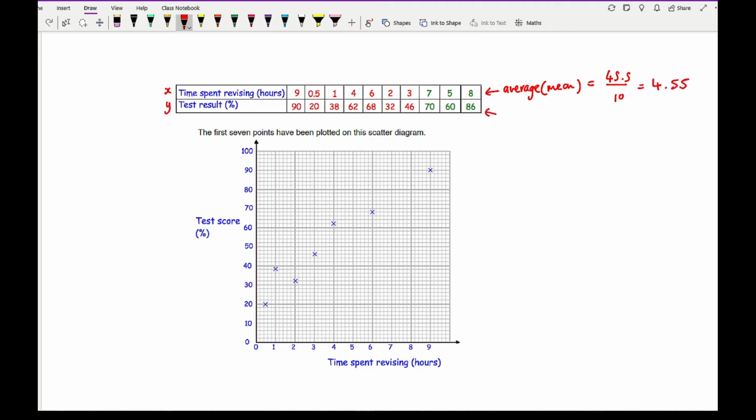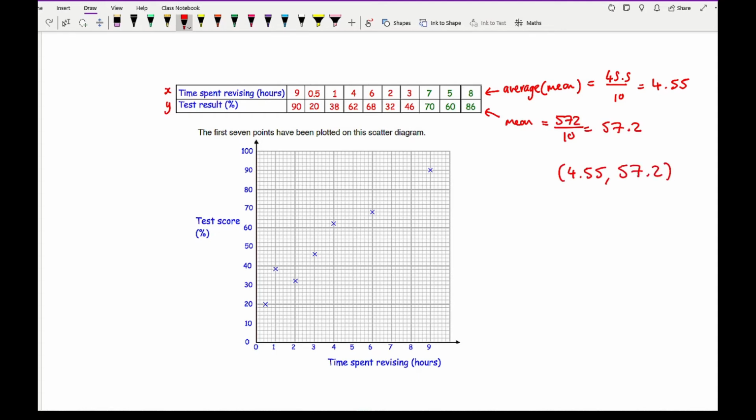And if I work out the mean of y, here I've got 90 plus 20 plus 38, and that gives me 572 divided by 10, so that's 57.2. So my coordinate is 4.55, 57.2.